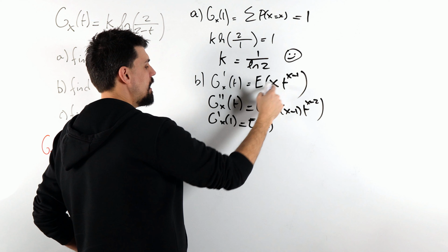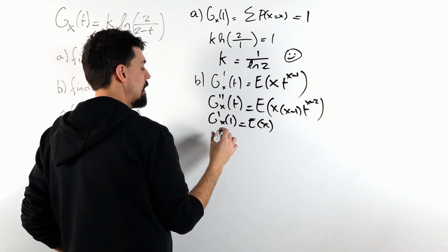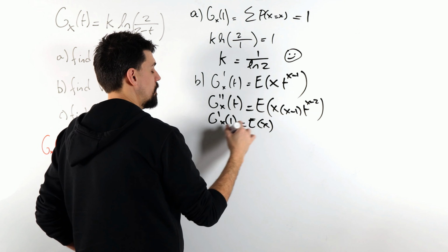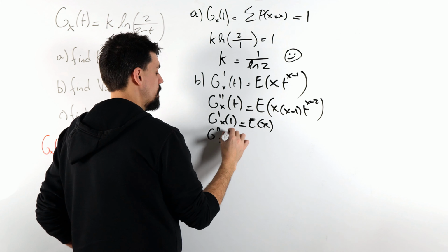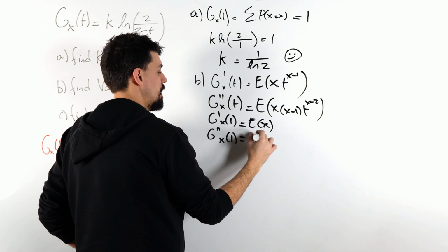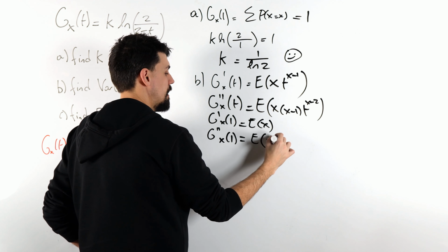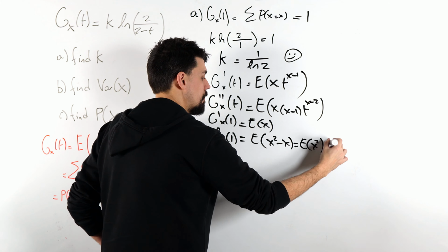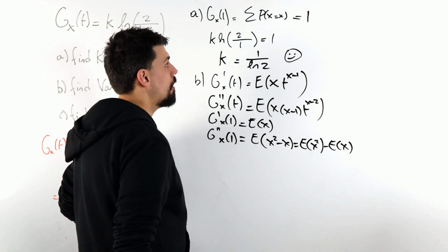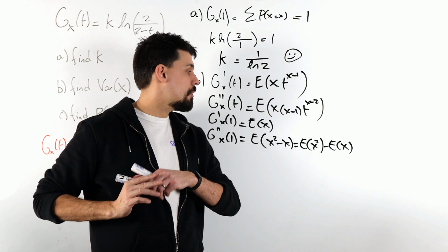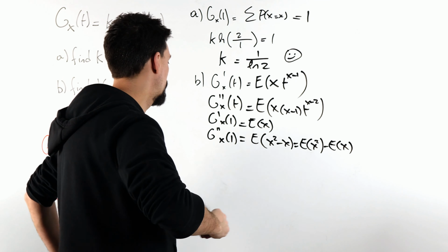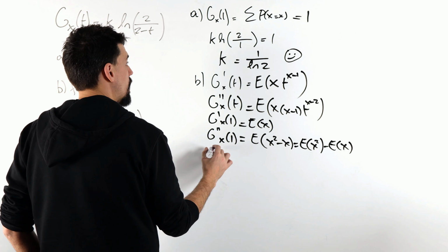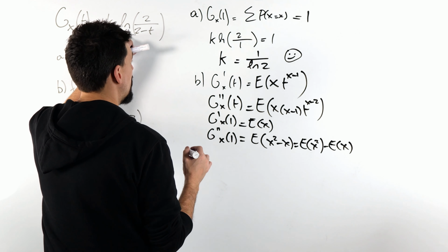In the same way, the second derivative evaluated at 1 is E of, if you expand that, X squared minus X, and using what we know about expected values, that is E of X squared minus E of X. Okay, so what does that tell me? Well, we're going to need to differentiate this bad boy, actually.